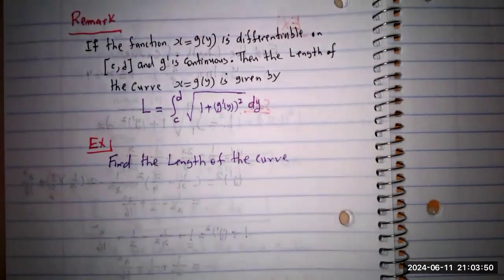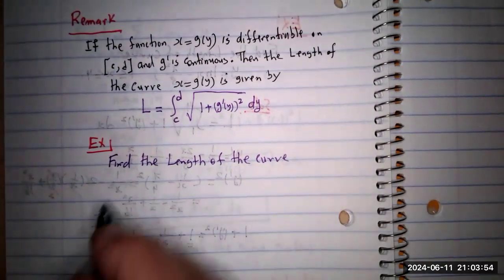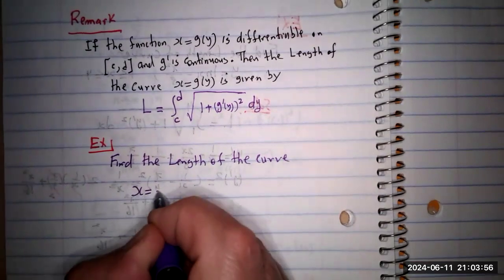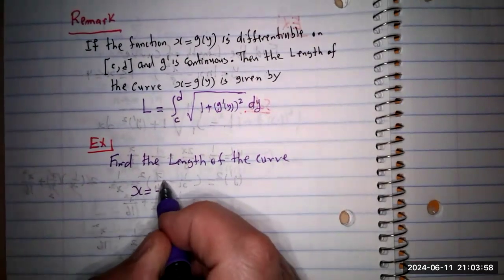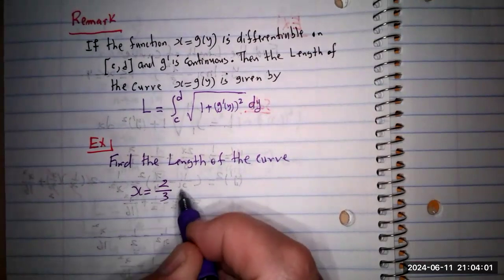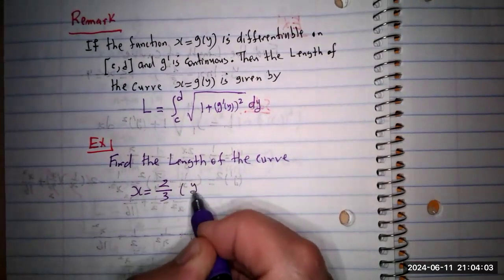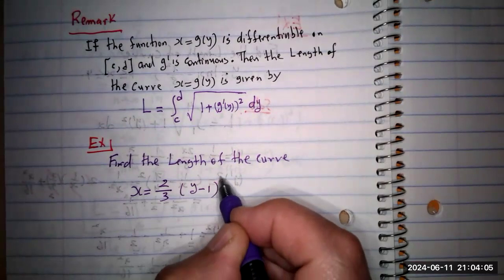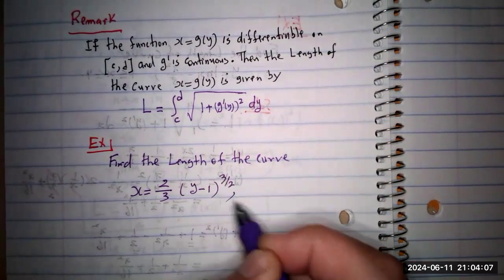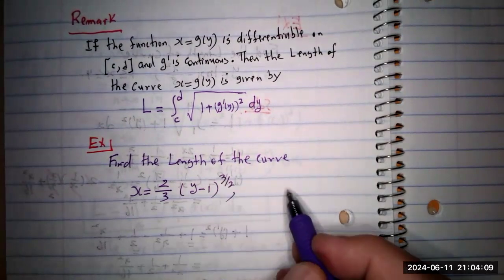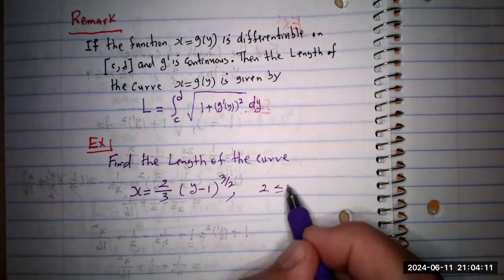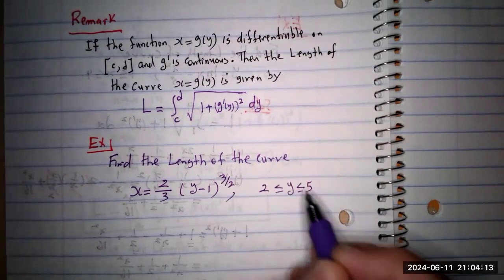Now the curve is this one. You see the curve is given to you in this format, x equal to 2/3 of (y minus 1) to the 3/2. And then they give you y this time, when y is between 2 and 5.